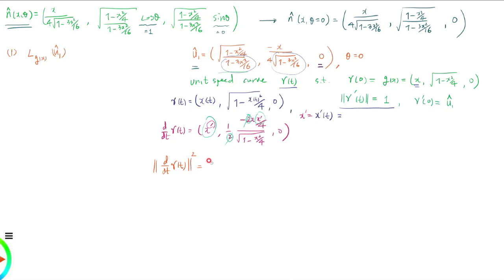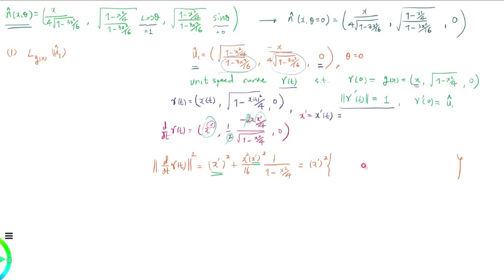So what I have is x prime square plus 16 x square x prime square over 1 minus x square over 4, and we have a common factor which is x prime square.